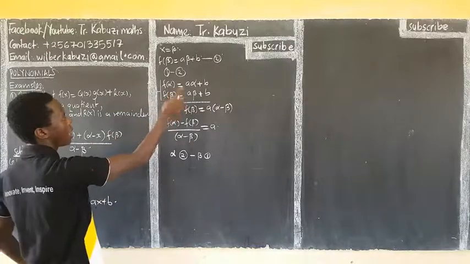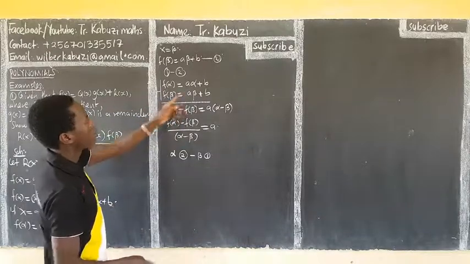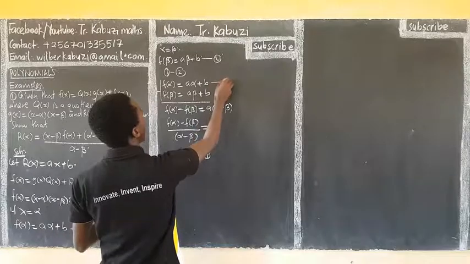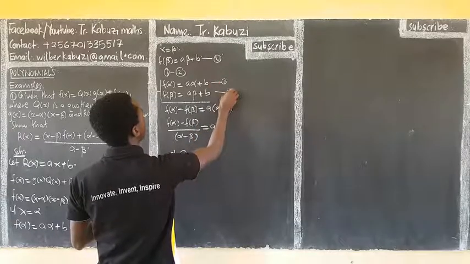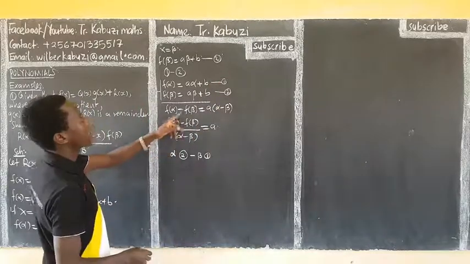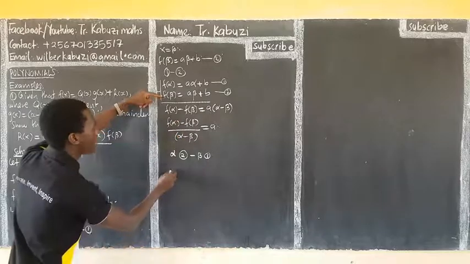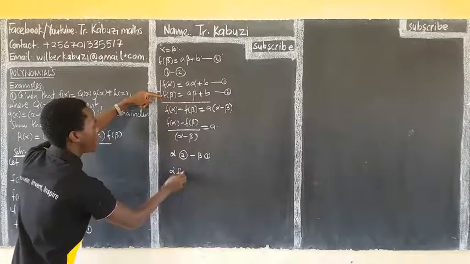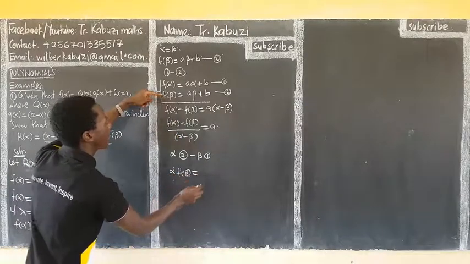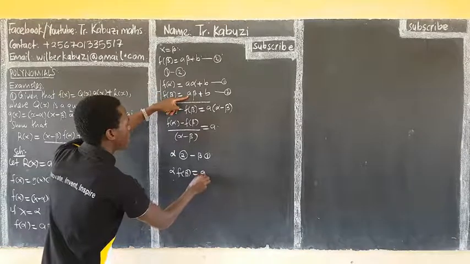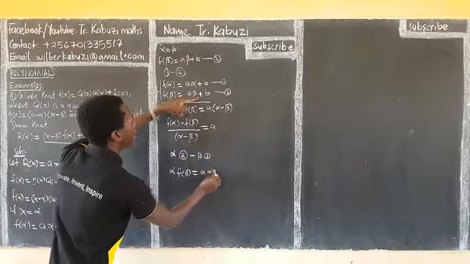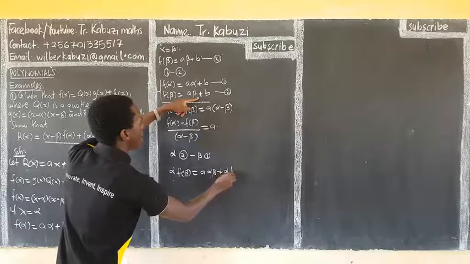So now, this was R1, remember this is R1, this is R2. So in equation 2 we are multiplying by alpha. Multiplying here by alpha, I get alpha f of beta equaling to a alpha beta, then plus alpha b.